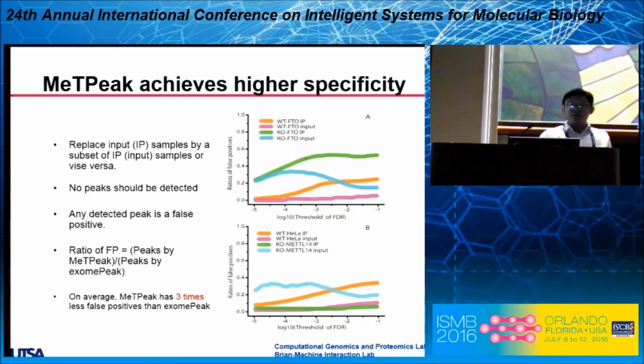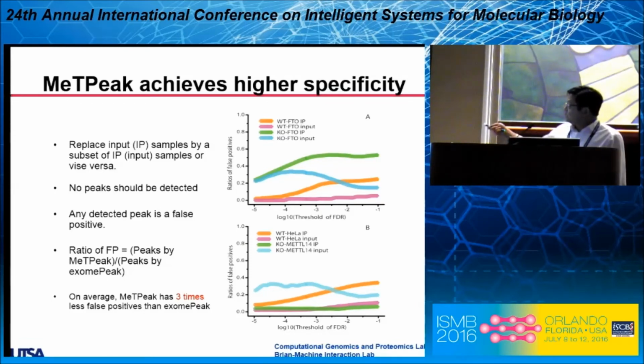Then we proceed with MeRIP-seq peak detection. If we detect any peak, those peaks should be false positives. So using this approach, we can address the specificity of the algorithm using real data sets. So what you're seeing here is the ratio of false positive peaks between MACS over ExomePeak.